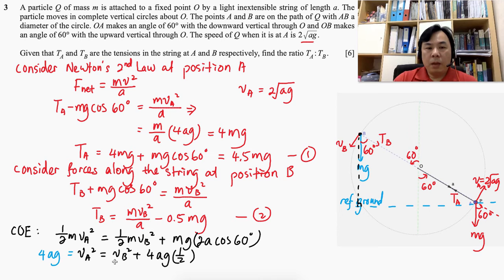Now from here, we will be able to conclude the speed of particle at position B there, which is actually 2ag here. Now we can use the square of the speed at position B there, because from equation number 2 here, all we need to do is just use the square of the speed.